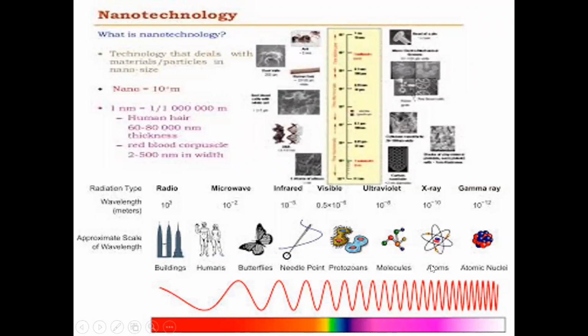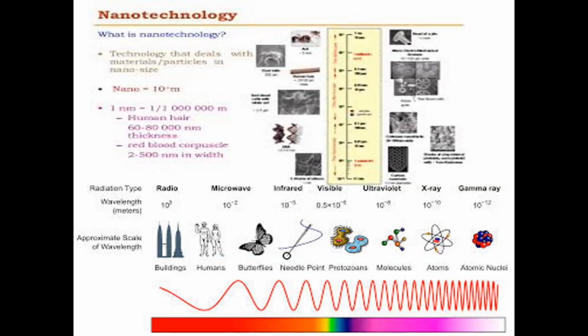This is a very important thing in nanomaterials. Nanotechnology is the technology that deals with materials and particles of nano size. And nano size means 10 raised to power minus 9 meter, a billionth of a meter, 10 raised to power minus 9 meter. A human hair has a size of 60 to 80 micrometers, about 80,000 nanometer thickness.